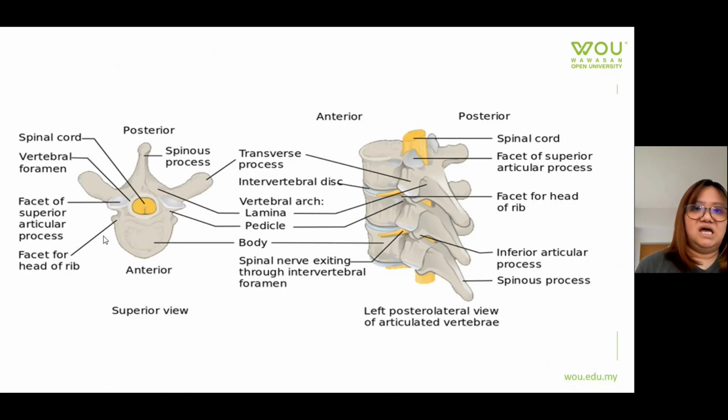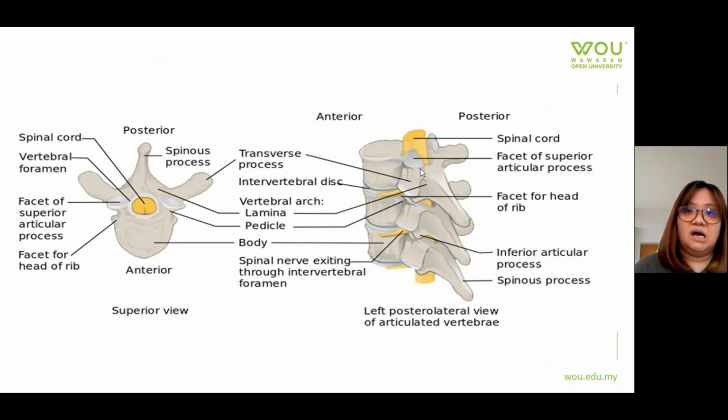So this is what you normally see when you go to clinics or hospitals, to orthopedic specialists: the spinal simulations. We have the bones, and the yellow matter is actually the spinal cord.